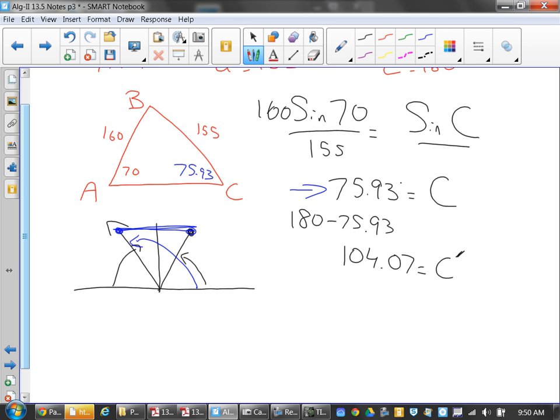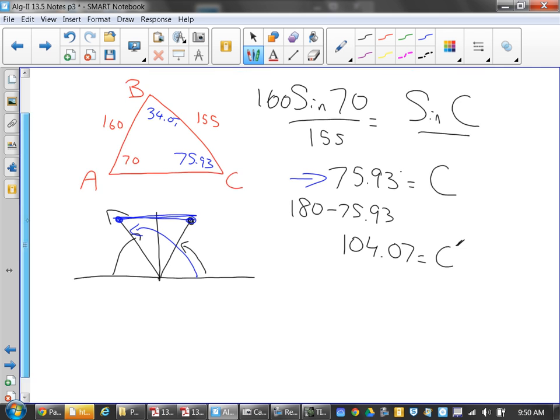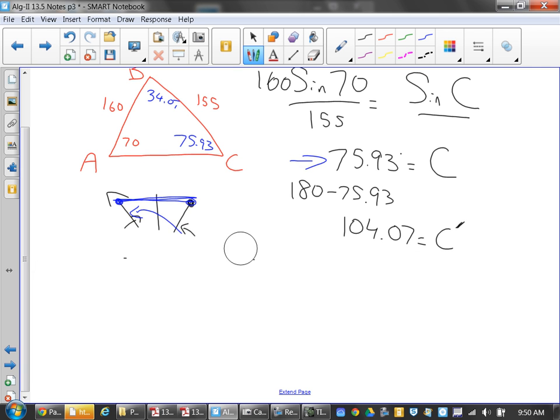is there enough degrees left over to find an angle B? Yes. What would you get? 34.07. Now if I do that again with the 70 and the 104.07, are there enough degrees left for an angle B in this case?